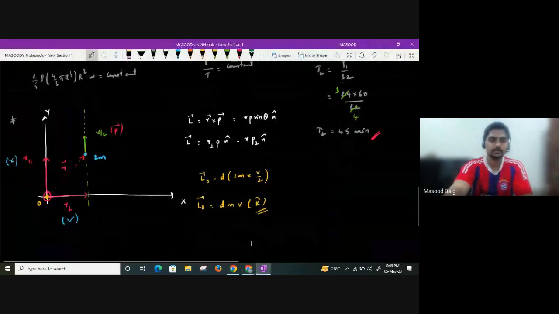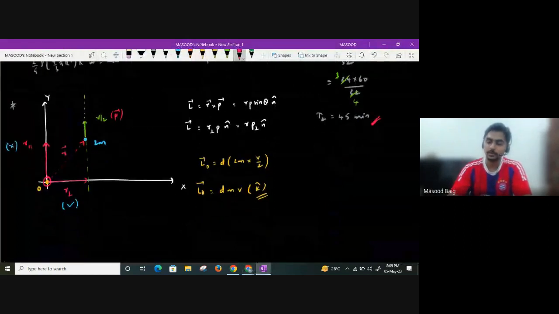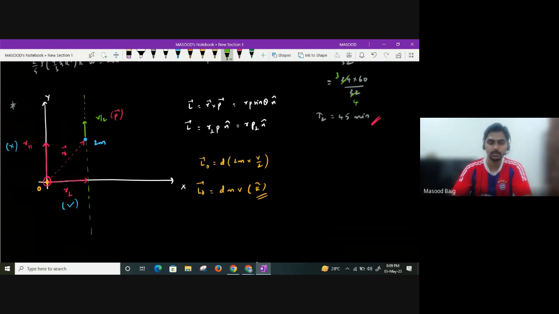Many times in previous years such a question has been asked. What will happen to angular momentum as the object moves along this straight line, from here to here? While the object is moving from here to here, is the direction of momentum going to change? No. And always remember, as the object moves from here to here, the perpendicular distance will always remain constant.